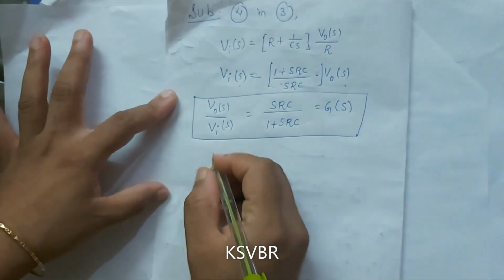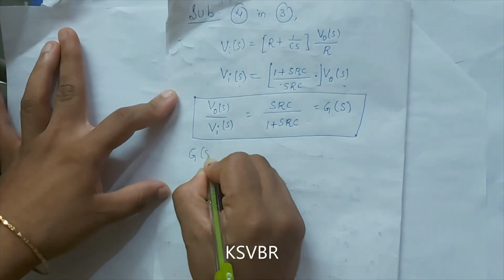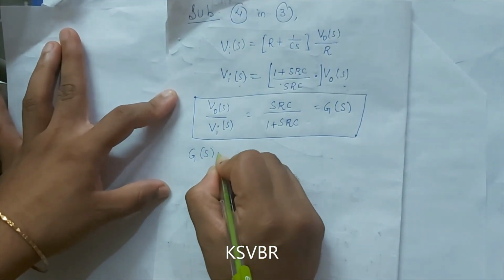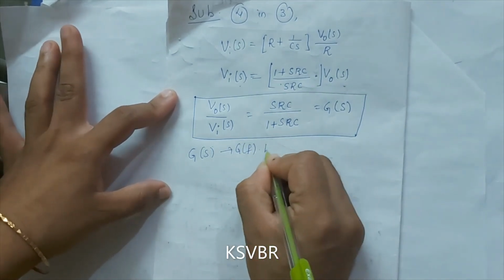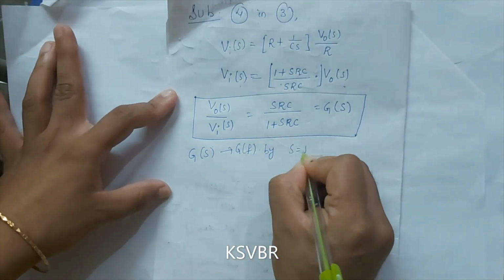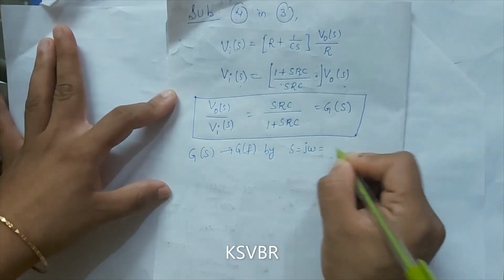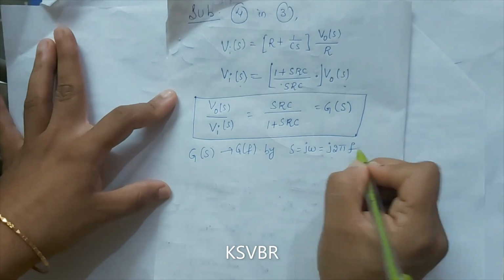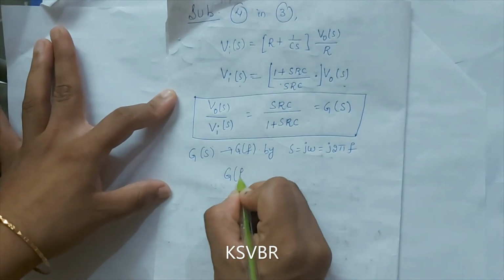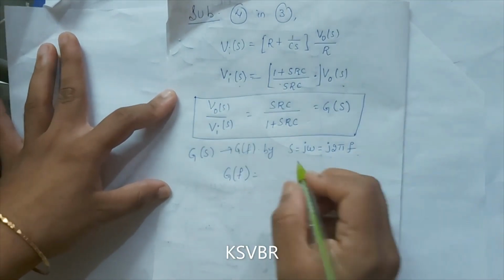Okay, so now G of S we have to change into G of F. By S is equal to J omega we know, and omega is equal to 2 pi f. So in S we have to substitute J into 2 pi f.